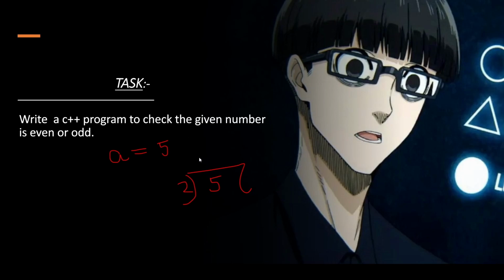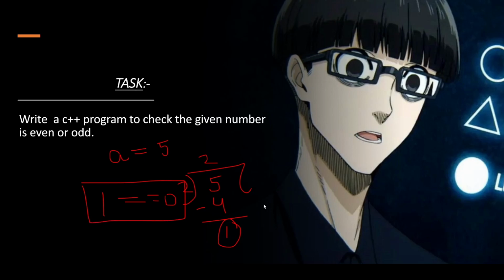As we all know, 2 fours are 8, sorry, 2 twos are 4, and 5 minus 4 is equal to 1. As you see, the remainder is 1 and 1 is not equal to 0. So this will return false and the else part of the statement will be executed.